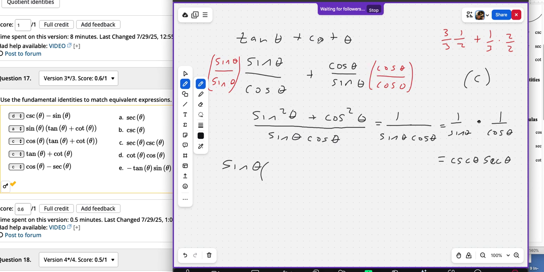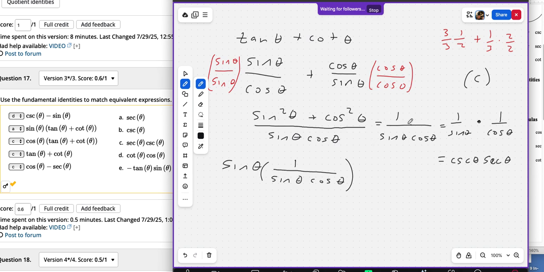We would still, for this middle bit, have to do all that same work, but since we've already done it, I'm going to skip down to this step right here and say when I have tangent theta, cotangent theta, I can replace that with 1 over sine theta, cosine theta. Had I not, I just would have done this exact same work.